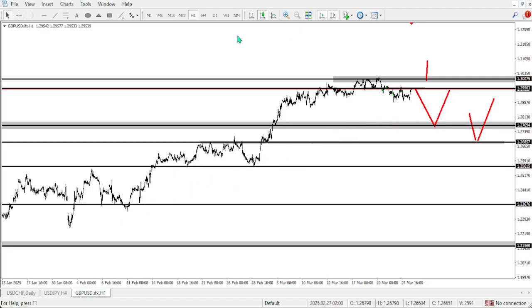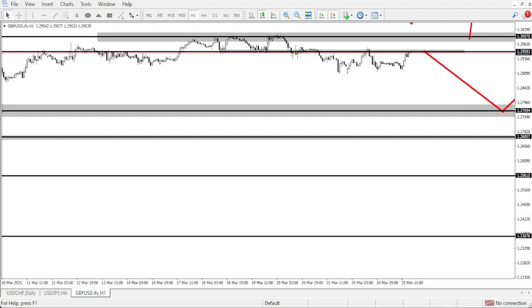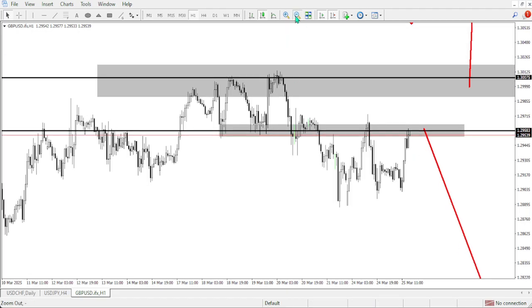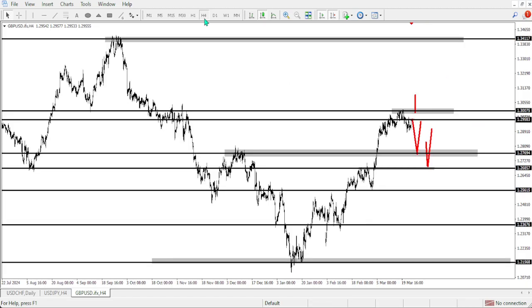For me, right now I'm looking at scalp sells. If I had to scalp the sells, I'm going to be selling around the zone. I'll just wait for the market to give me a bearish candle. If it's engulfing, that will be a strong sell, because I know I'm going to take my sells from this zone up until here and then close my sells at buy. Because overall, what are we looking for?